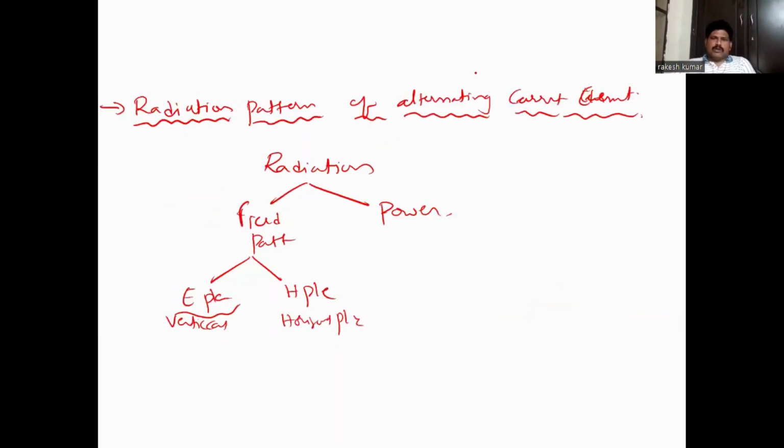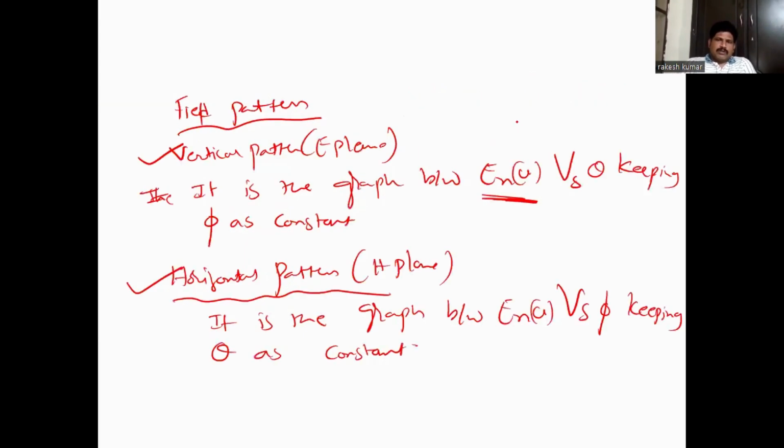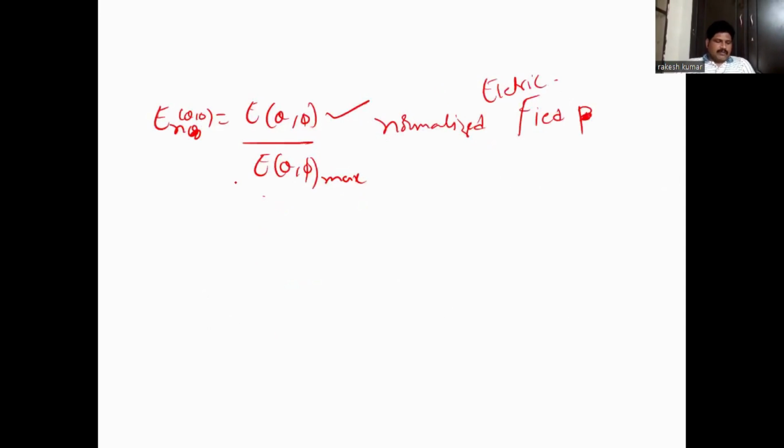Now we are going to derive the radiation pattern for the alternating current element. Already we have derived the electric field E theta.